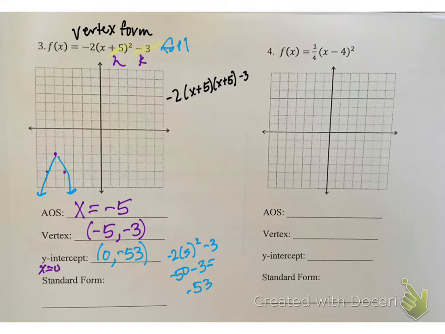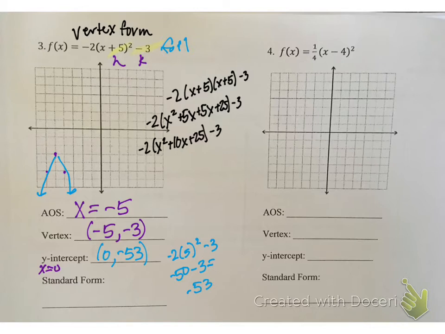If I were to FOIL this out, you get -2 x squared plus 5x plus 5x plus 25 minus 3. Then I'm going to combine like terms, so -2 x squared plus 10x plus 25 minus 3.